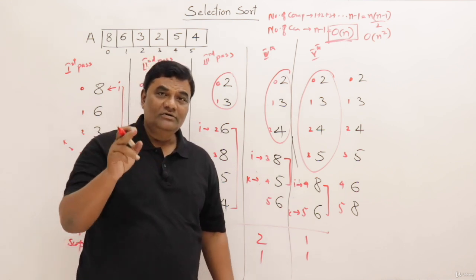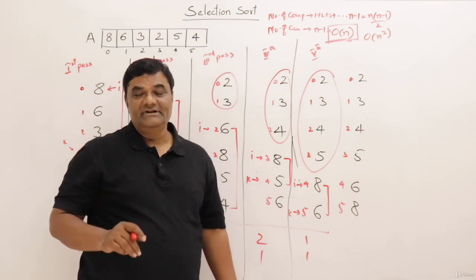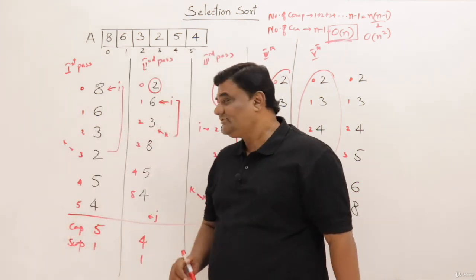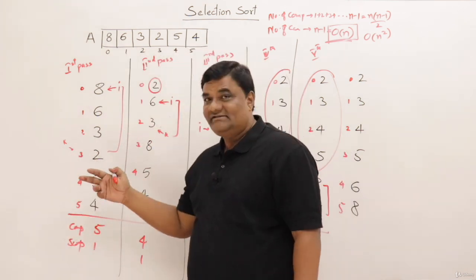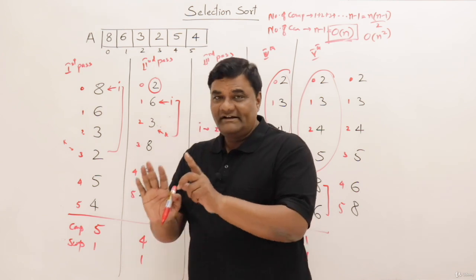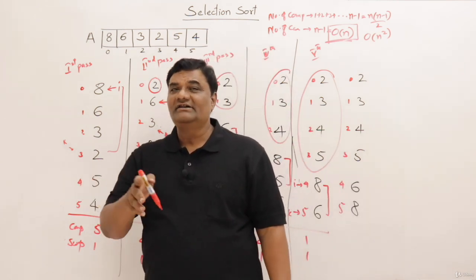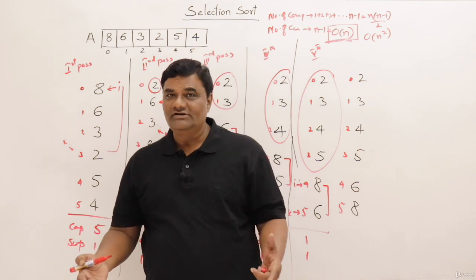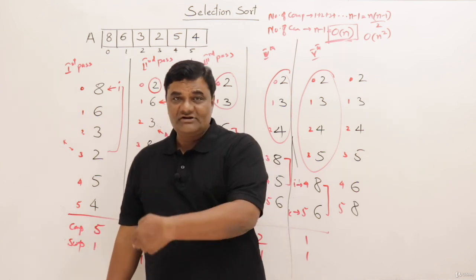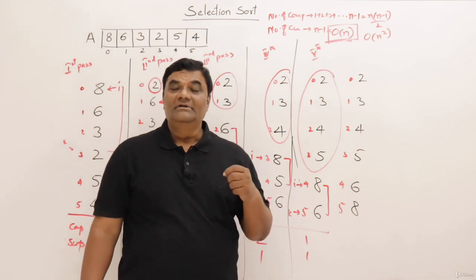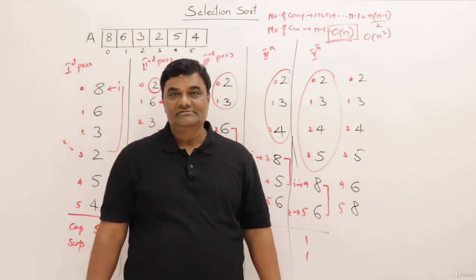So this is the only algorithm which sorts the elements with minimum number of swaps. See, to avoid swaps, we have taken j as well as k. We find the index. Once we found the index, then we interchange. We will not be interchanging every time. So we can avoid interchanging of elements with the help of extra variable k. So selection sort is good for less number of swaps.